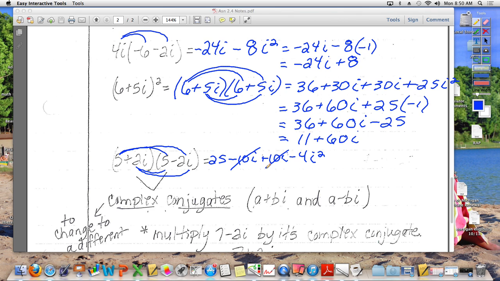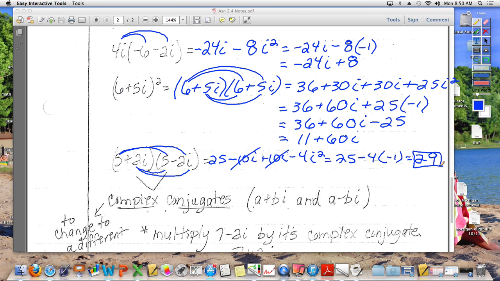All our i's are going to disappear. So we're going to have 25 minus 4 times negative 1, and negative 4 times negative 1 is a positive 4, added to 25 gets us 29. So the i's disappear when you multiply by the conjugate.